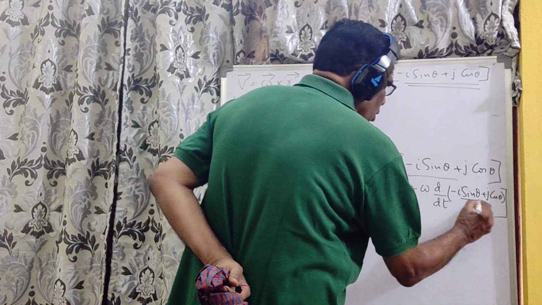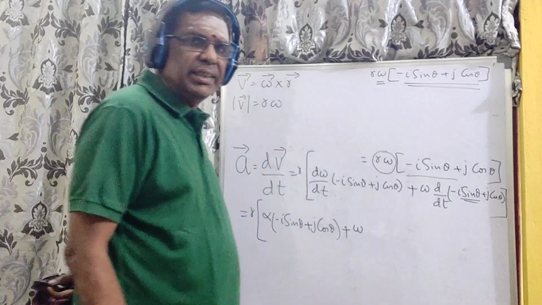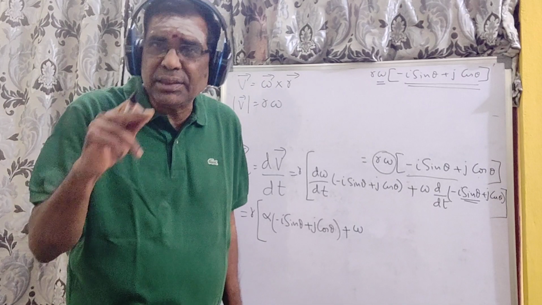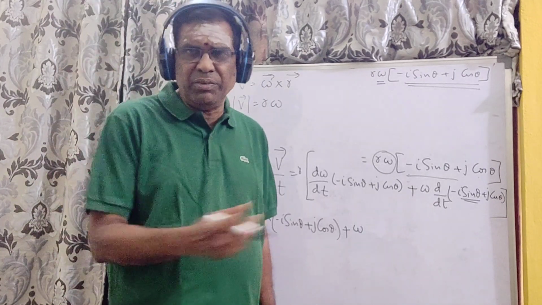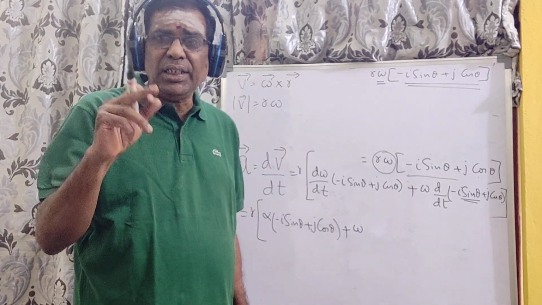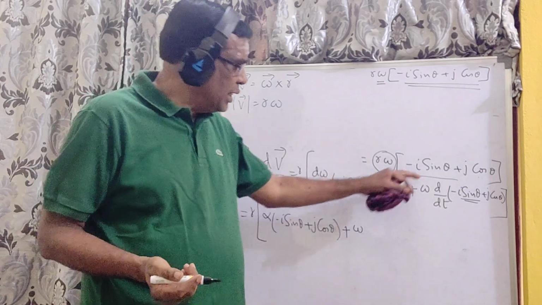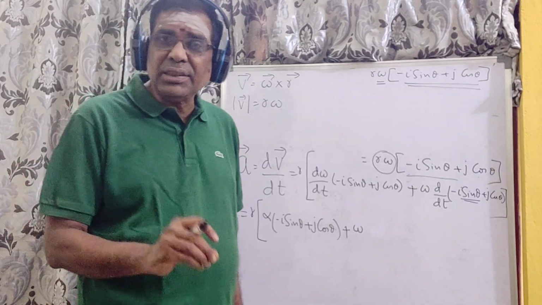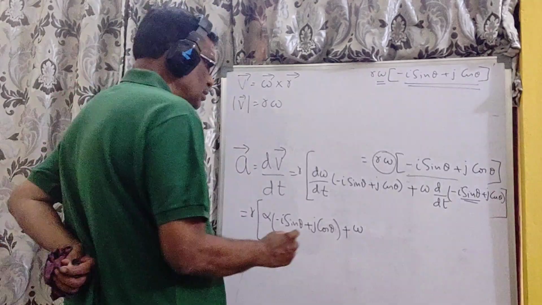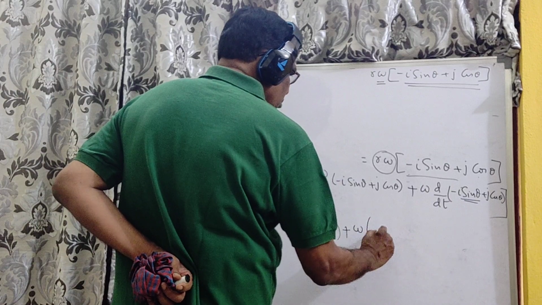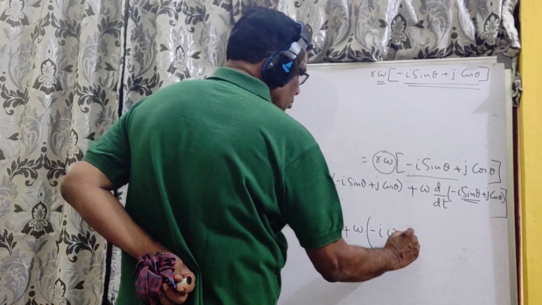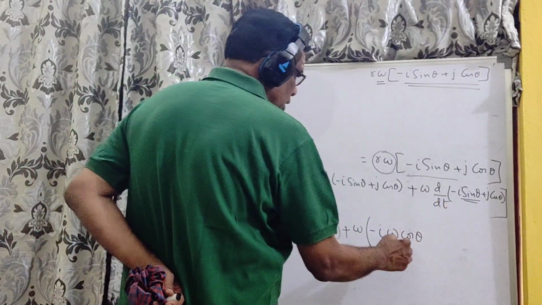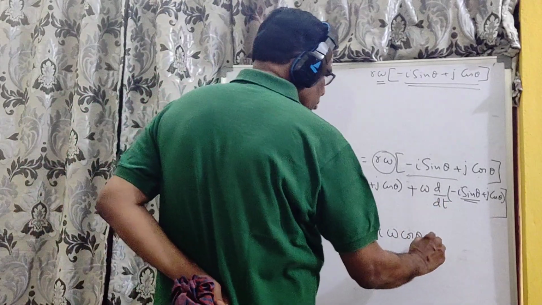Now as before, d by dt of sin theta. Minus sign is there anyway. That is cos theta d theta by dt. We already did it before. So d theta by dt is omega. So the derivative of sin theta with respect to time is cos theta omega. Minus I as usual, sin theta gives omega cos theta.